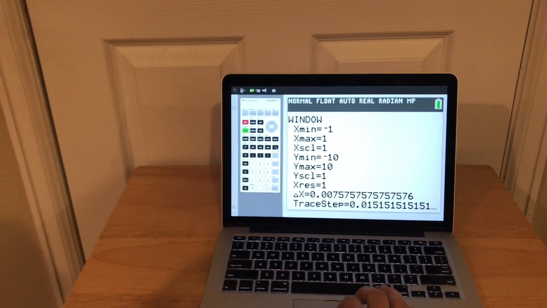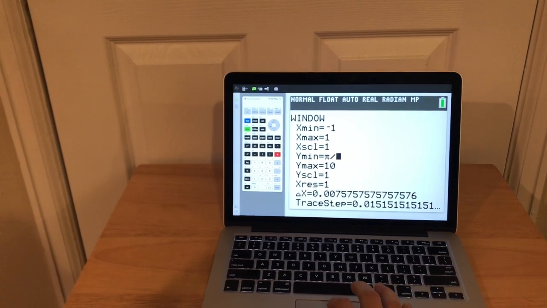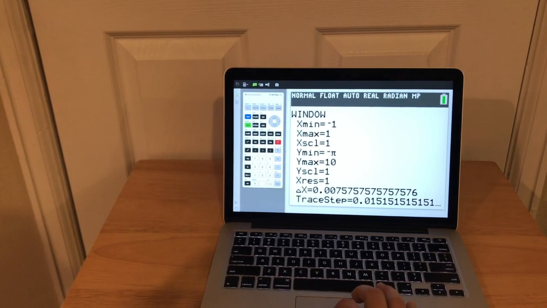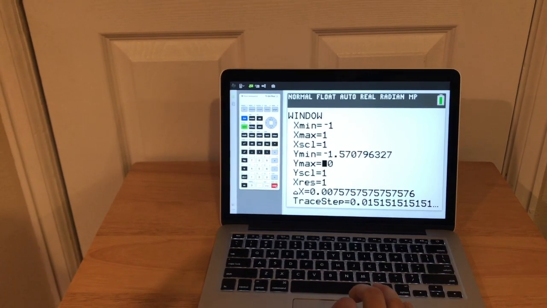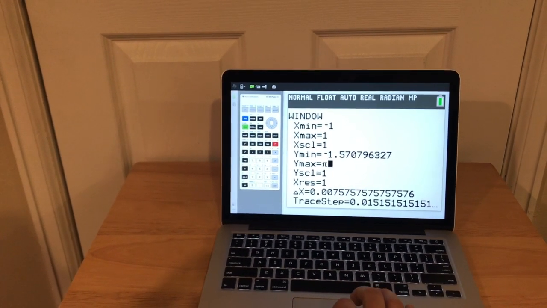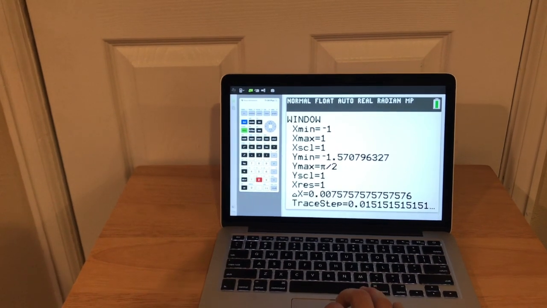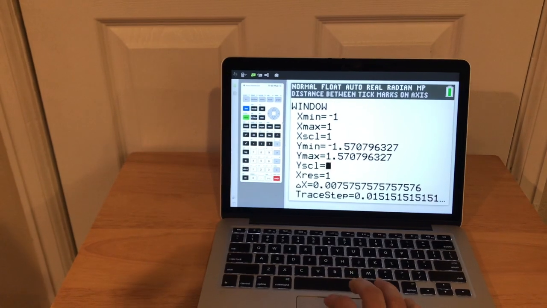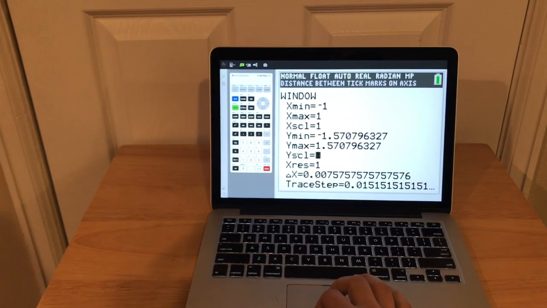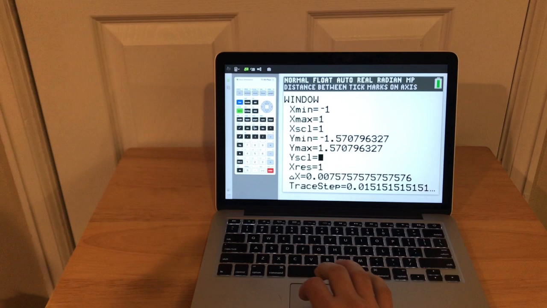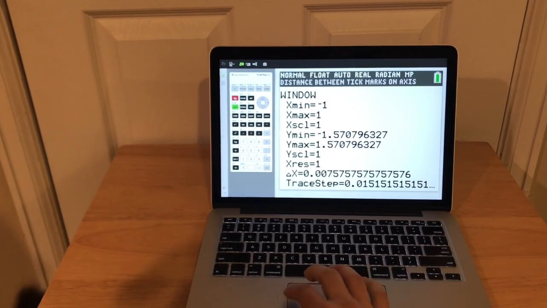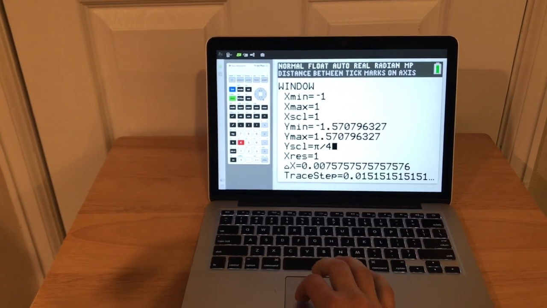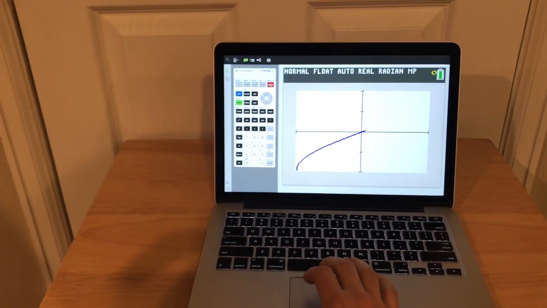So I'll type in negative pi over 2 up to positive pi over 2. As soon as I hit enter, it changes my pi over 2 into a decimal value, and that's okay. And I don't really care what the y scale, well, actually I do care what the y scale is. I'll just make the y scale pi over 4, because then I'll get some marks in the middle. Okay, so I'm going to go ahead and hit graph.